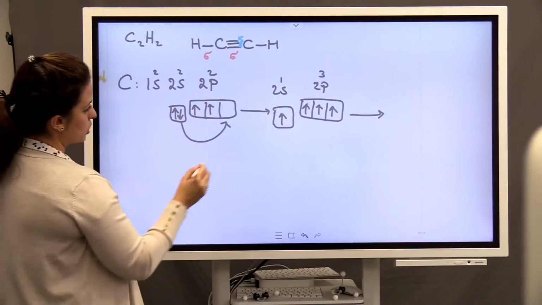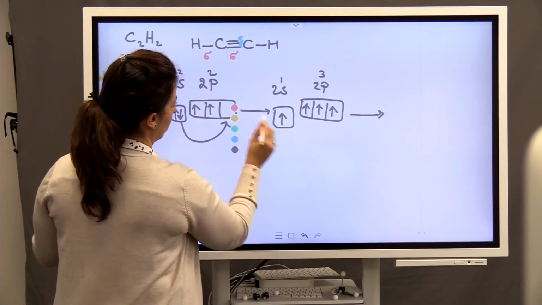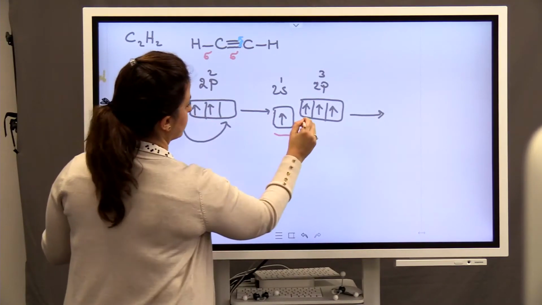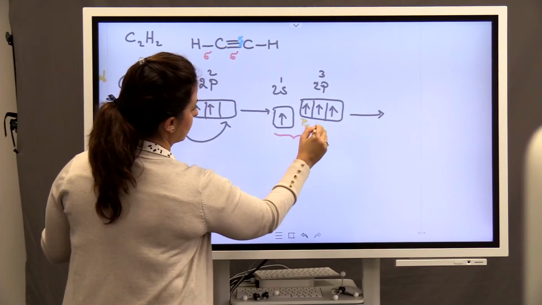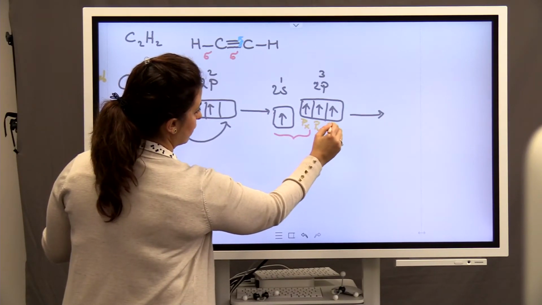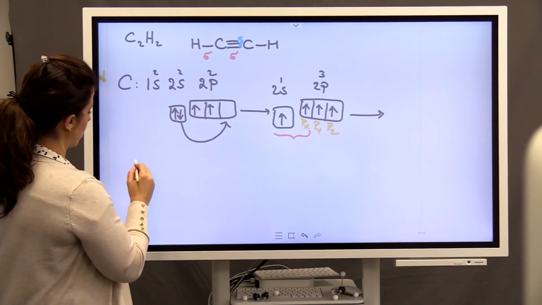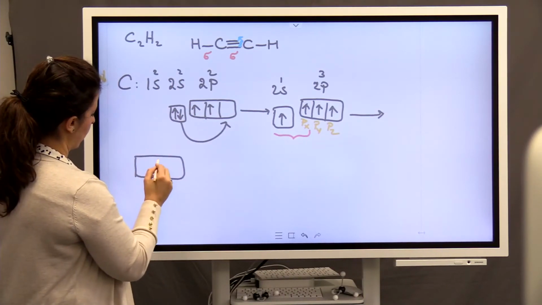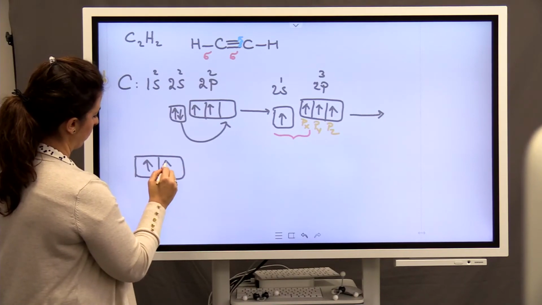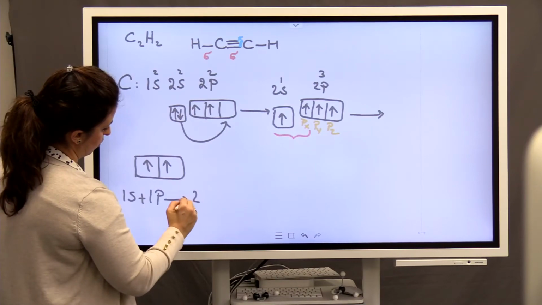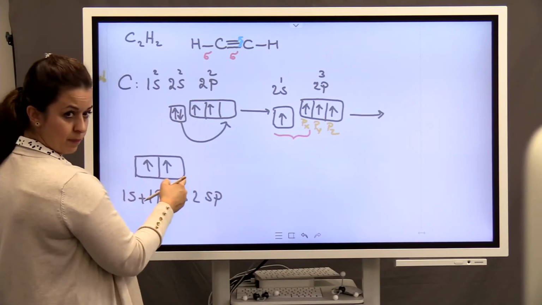Only 2. So we will have only these 2. All right? And don't forget, this was along the x-axis, this was along the y-axis, and this was along the z-axis. So after degeneration, we only need 1s and 1p. 1s plus 1p will form 2 sp, right?